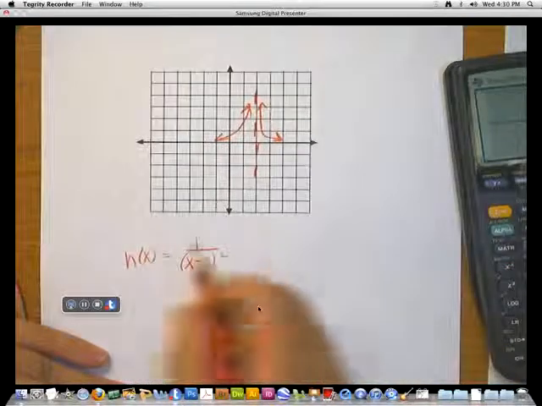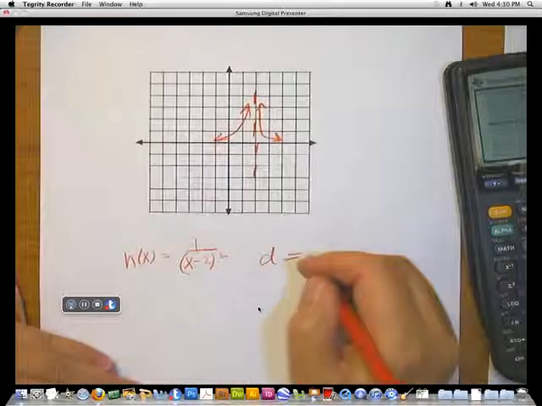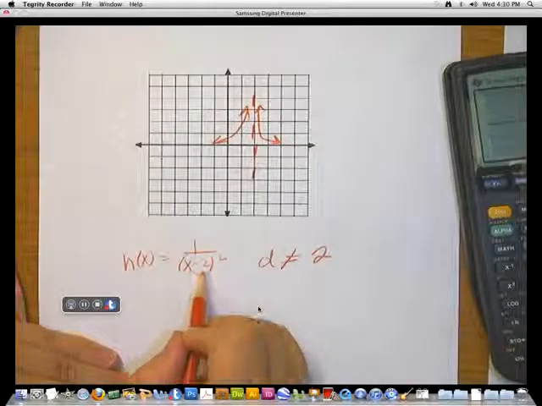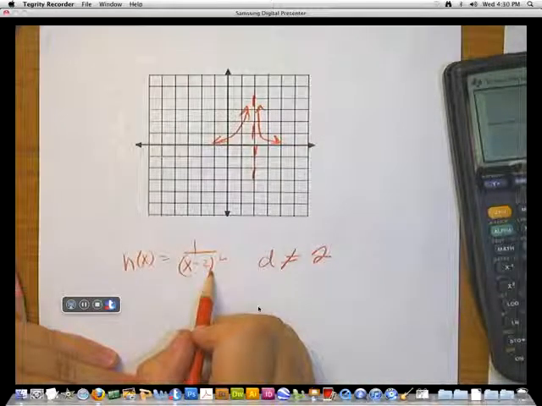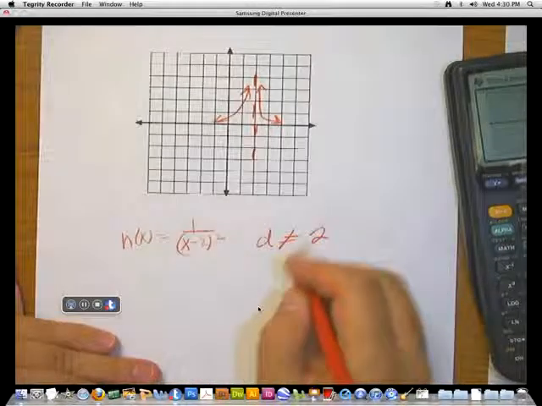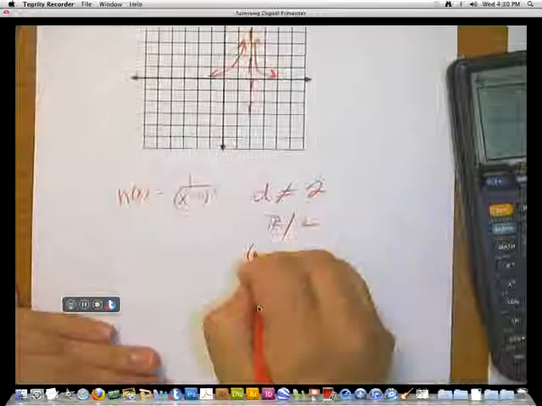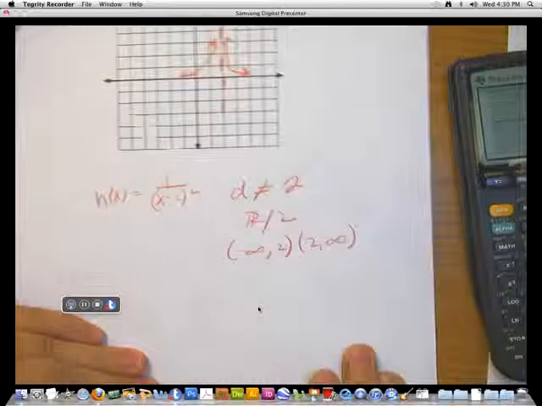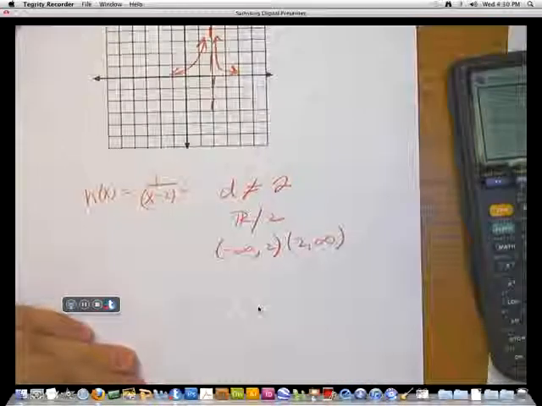Because if I look here, my domain cannot be 2. Because if it is 2, I'm going to get 0 in the denominator. So I'm everything except 2, or in my new notation, there's going to be my domain.